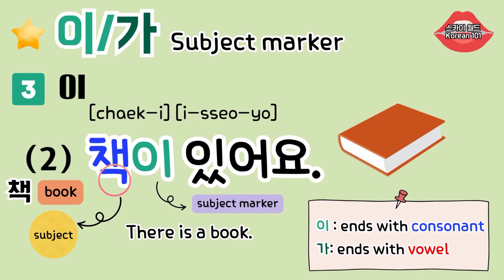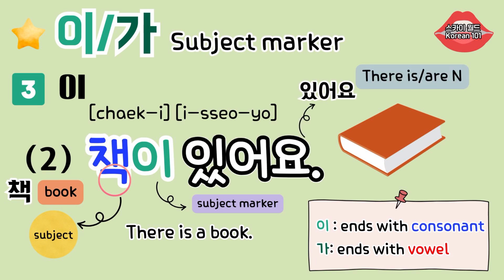We use 이 as a subject marker. And 있어요 means there is, there are something. What exists? A book. In Korean, when we talk about the existence of something, we often use 이, 가 with 있어요.